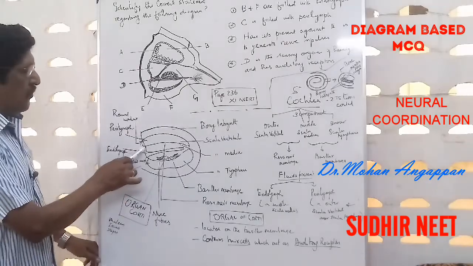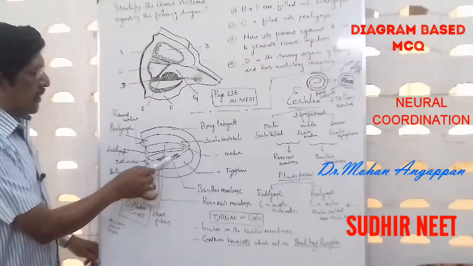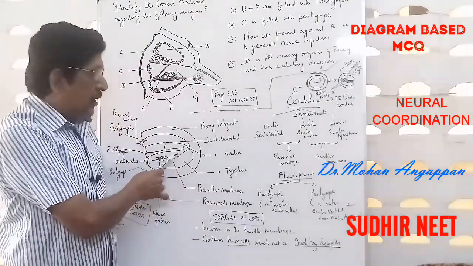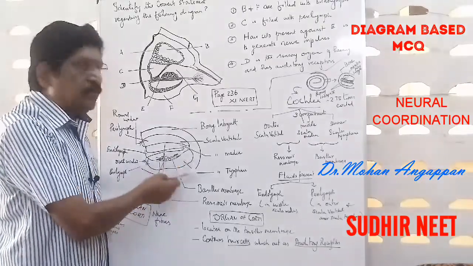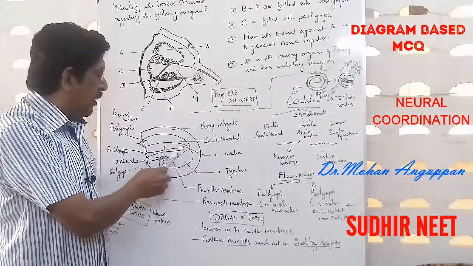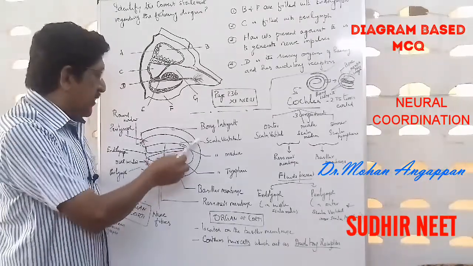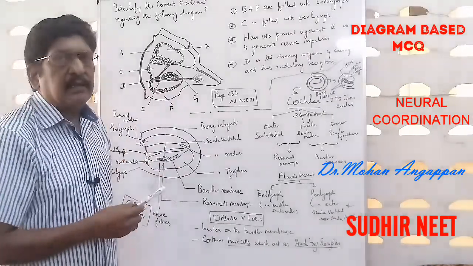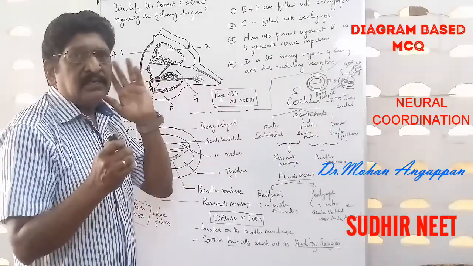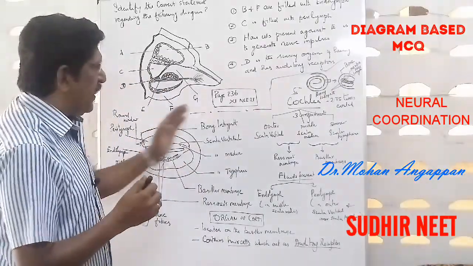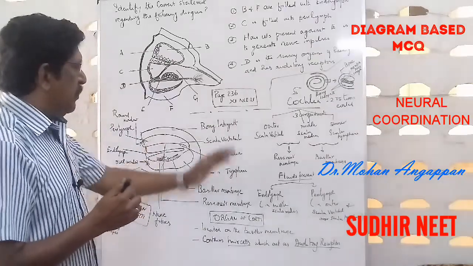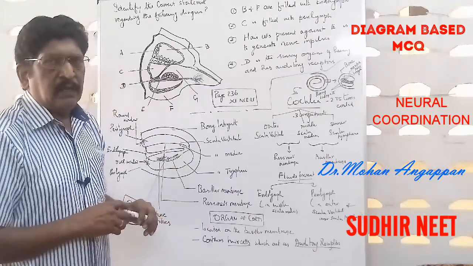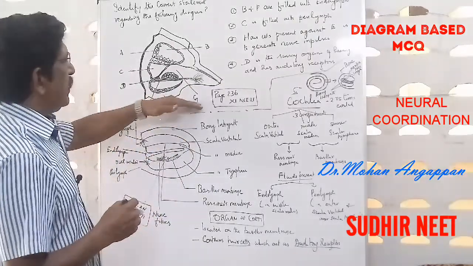So when the sound waves come here and press the basilar membrane, the organ of Corti is stimulated, and the hair cells of the organ of Corti act as the auditory receptors, and this sends a message to the brain, and the brain recognizes the sound. So this is the structure of the cochlea, the compartments and the fluids and the organ present in the cochlea. So now let us come to the question.